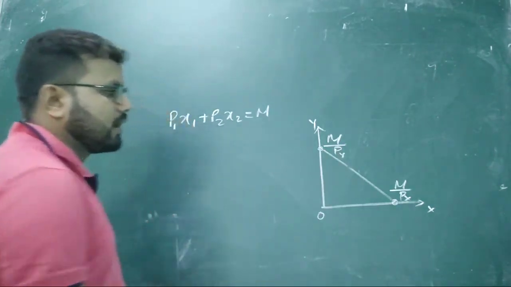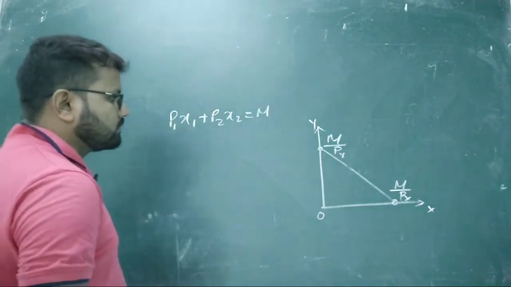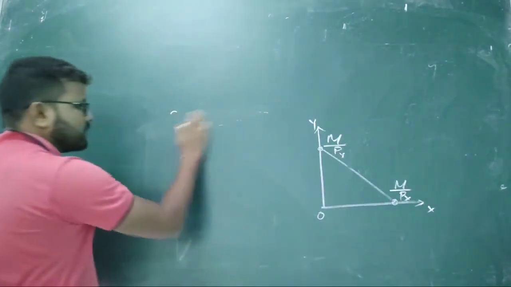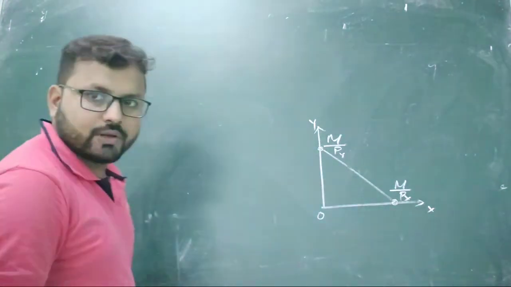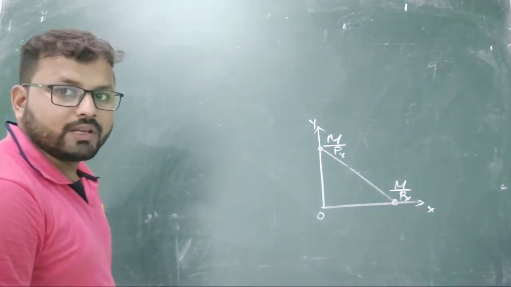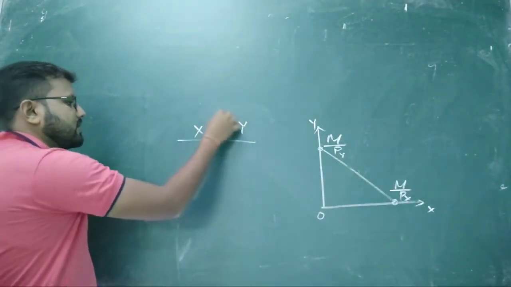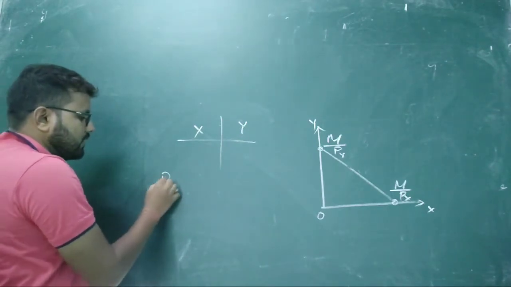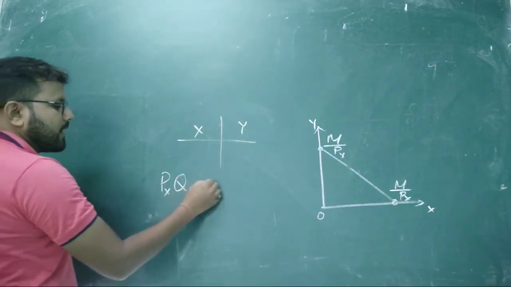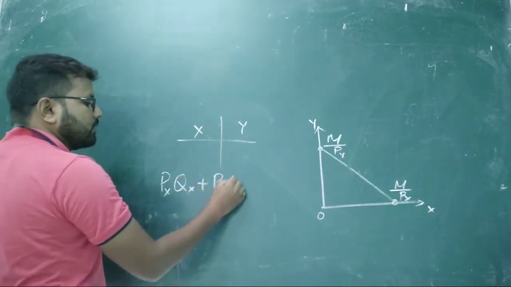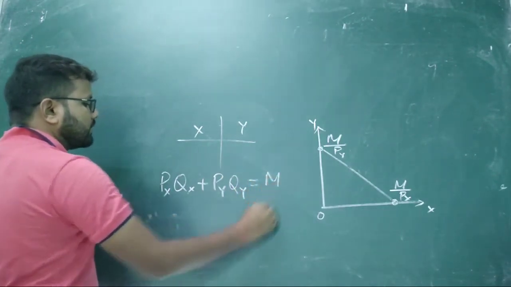What is M/Py and what is M/Px? As we know, for commodity X and Y, the budget equation is: Px, the price of X, into quantity of X, plus price of Y into quantity of Y, must be equal to the money income of the consumer.